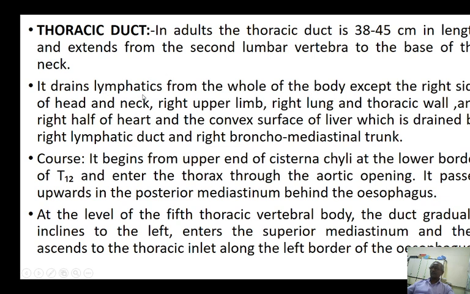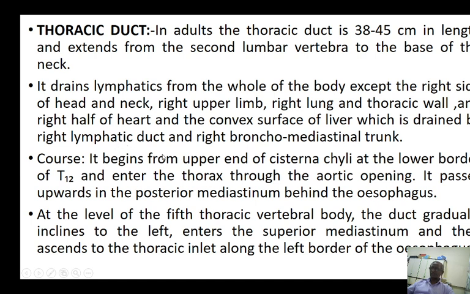It drains lymphatics from the whole of the body except the right side of the head and neck, right upper limb, right lung and right side of the thoracic wall, right half of the heart and convex surface of the liver, which is drained by the right lymphatic duct and right bronchomediastinal trunk.